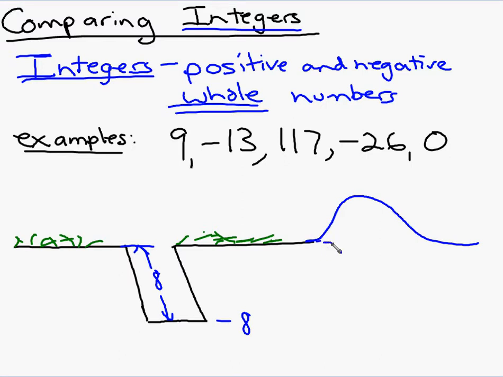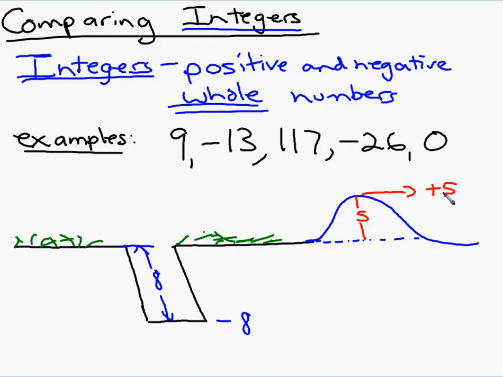Let's say that this hill over here is 5 feet tall. Okay, from there to there is 5 feet. Well, that hill of dirt would be like positive 5. I know we don't usually write the positive in front of it, but I'm making the distinction between a positive integer and a negative integer. Okay, this is very important to what we're going to be doing.